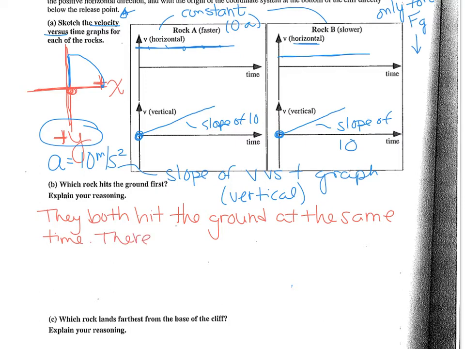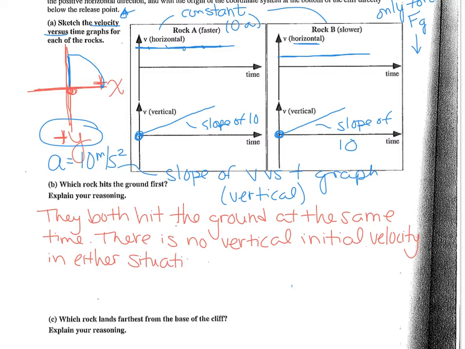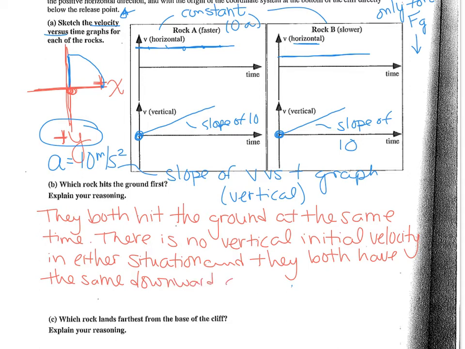There is no initial vertical velocity in either situation, and they both have the same downward acceleration, that's gravity, and displacement, that's the height of the cliff.